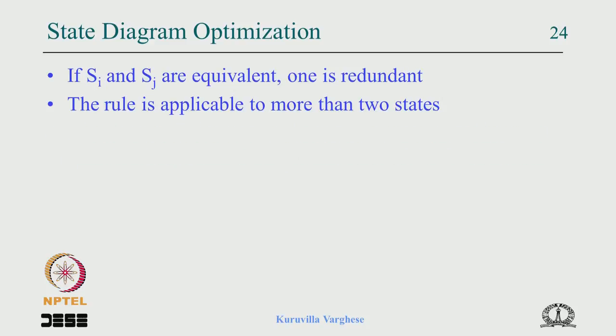Now how to detect this? Now the question is, in a state diagram, if there are 32 states spread across an A3 sheet, drawn on a big sheet, how do you look?